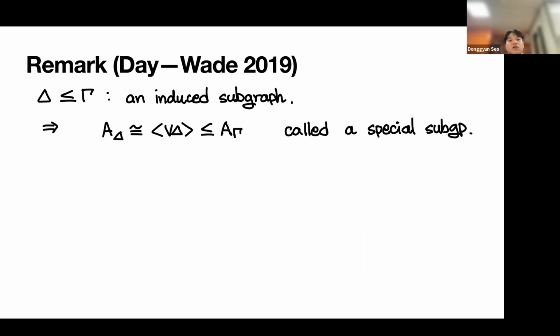This was first developed by Day and Wade. So if delta is an induced subgraph of gamma, then delta generates a right-angled Artin subgroup of the whole right-angled Artin group.